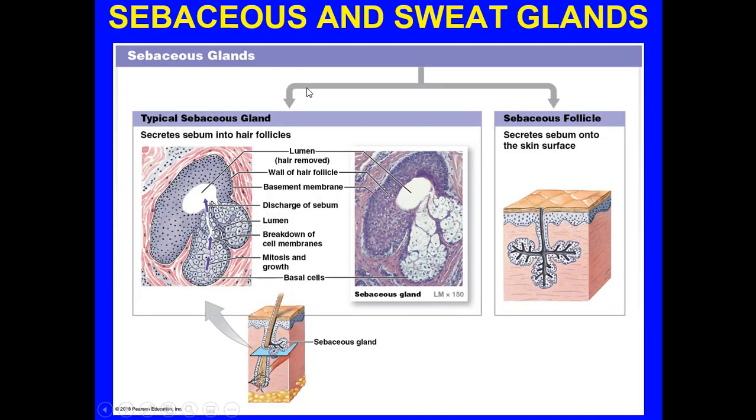And here you see the typical sebaceous gland. The sebaceous gland can be directly attached to the hair shaft, which you can see here. But a sebaceous follicle secretes sebum on the skin surface. And you notice how the arrangement is. It's much more complex. Okay?